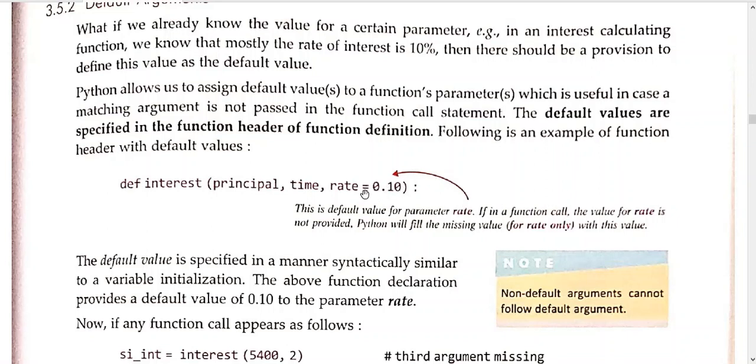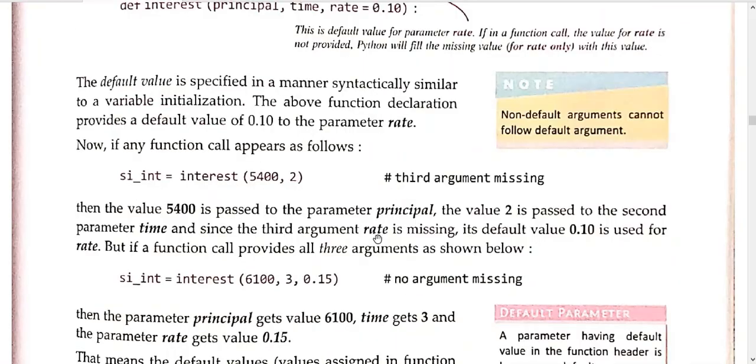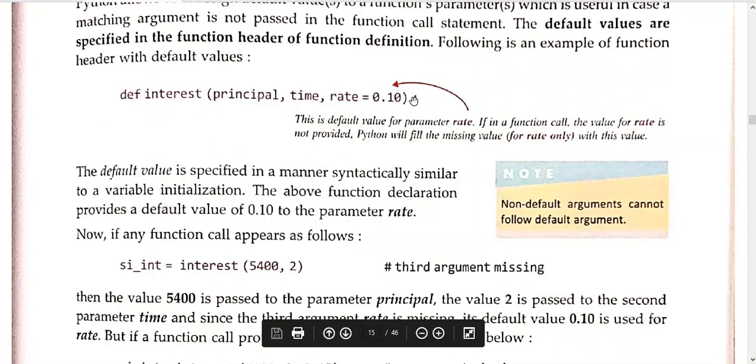So in the function header it must be defined that this particular variable will hold this default value. Default means if we are not passing any value to this particular variable, it will take this value. There are certain rules that must be followed. See, this is my function definition and this is my function header actually.